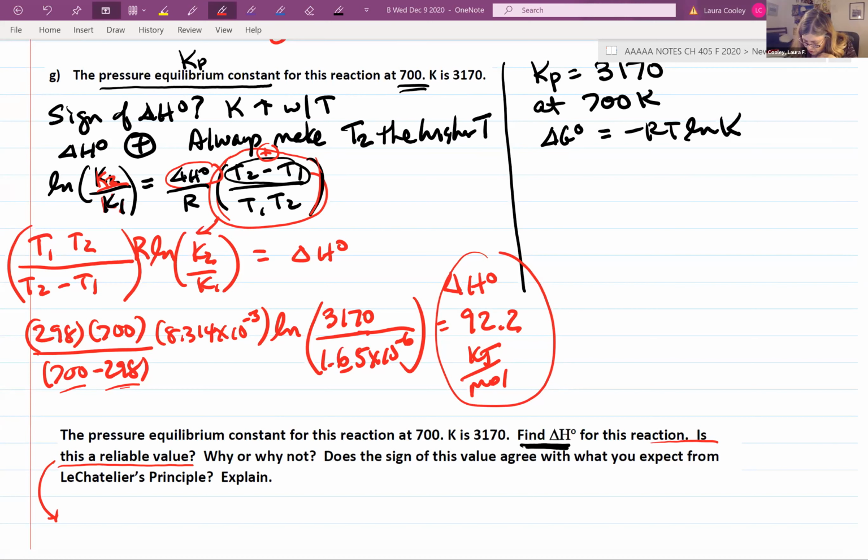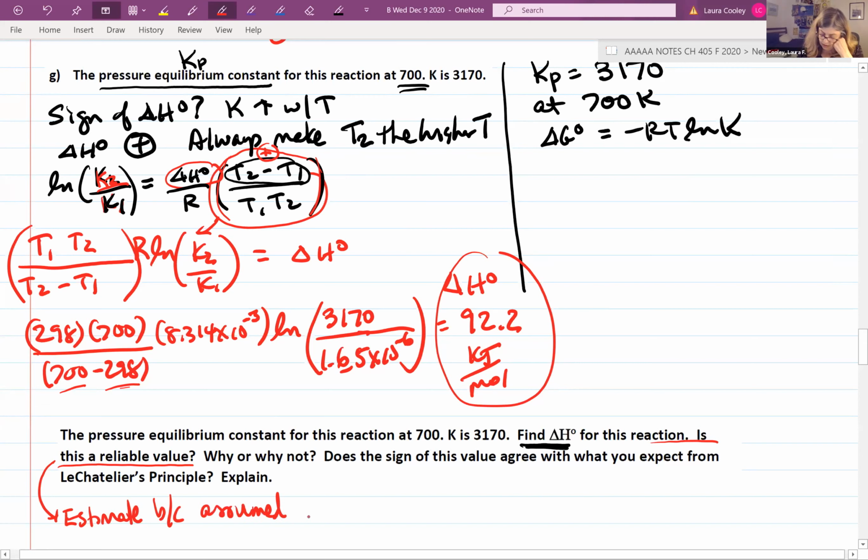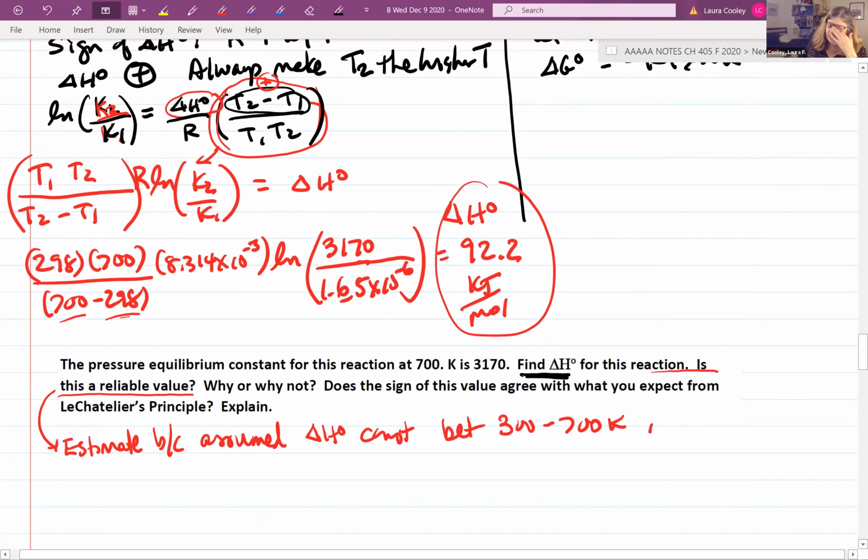It was derived by assuming that the delta H was constant over that temperature range. So it's basically an estimate, because it's assumed that delta H is constant between 300 and 700 Kelvin. And maybe it doesn't change by that much. We've done calculations, but I don't think ours were over a 400 degree temperature range. So that's the answer to this question.